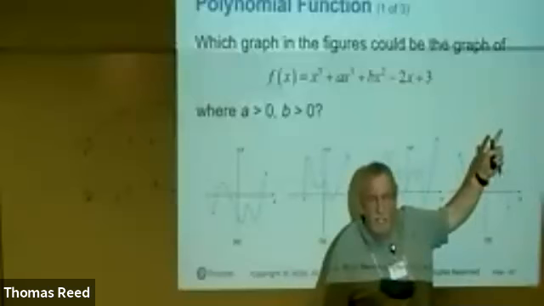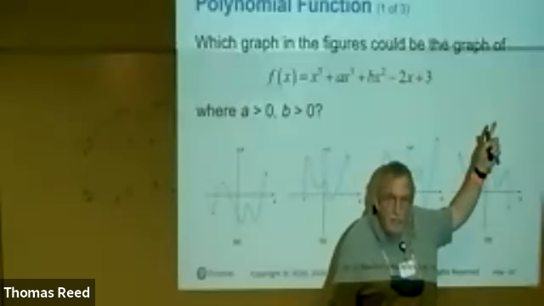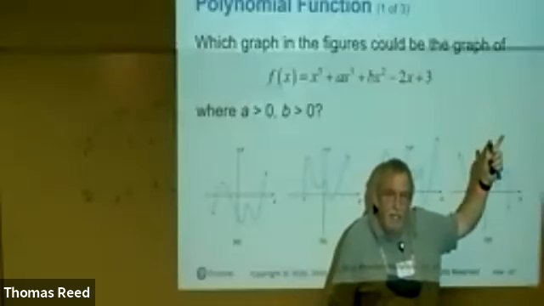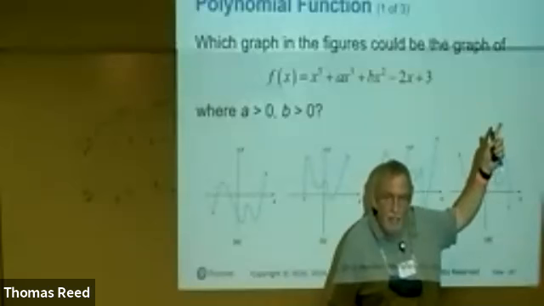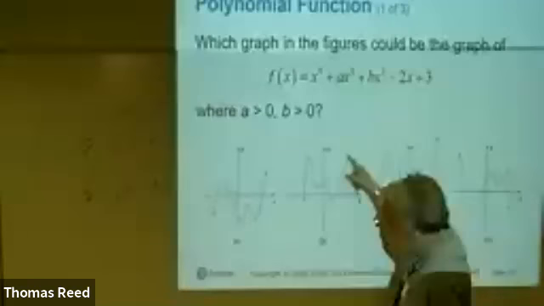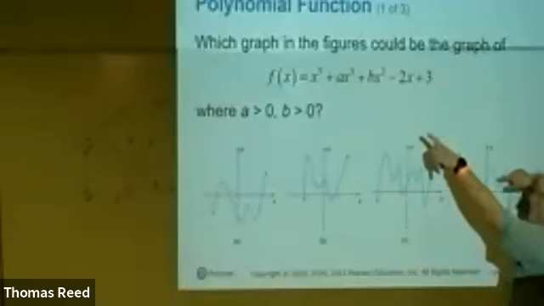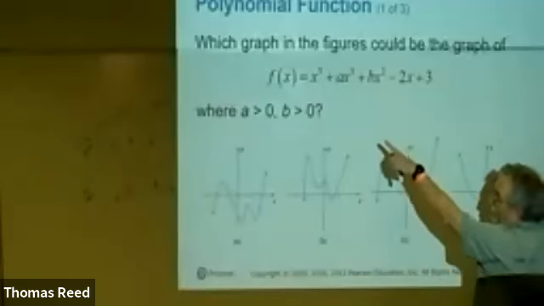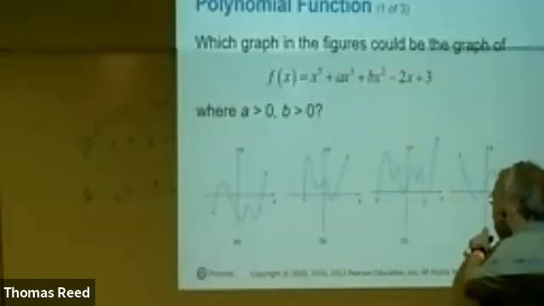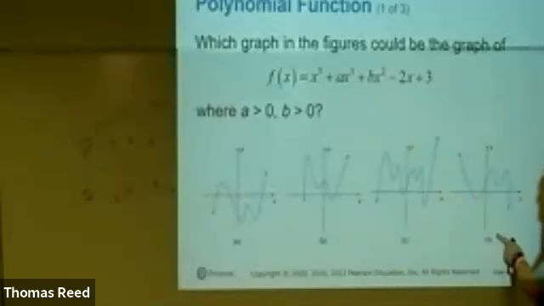It's down to the left and up to the right. Is B or D down to the left and up to the right? B is. Goes down to the left and up to the right. This one is the reverse. So if it was a negative x to the 5th power, then it would have been D, but it wasn't. It was positive, so it's B.